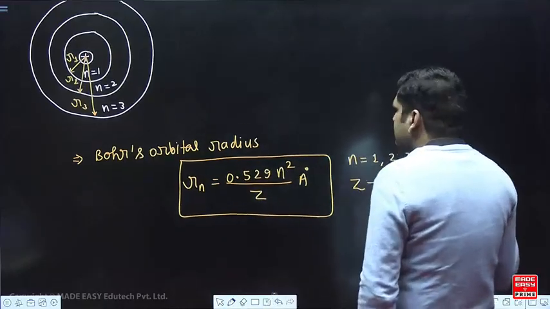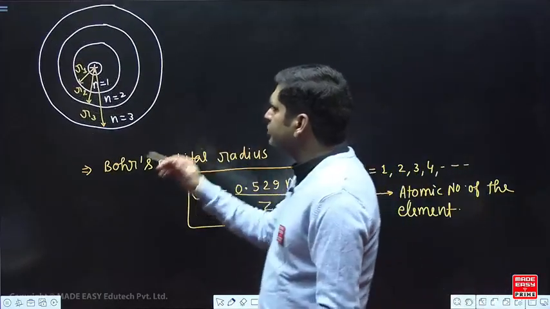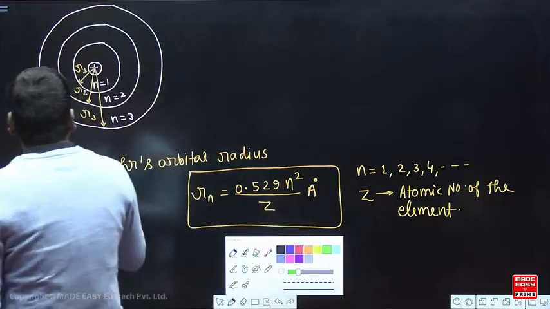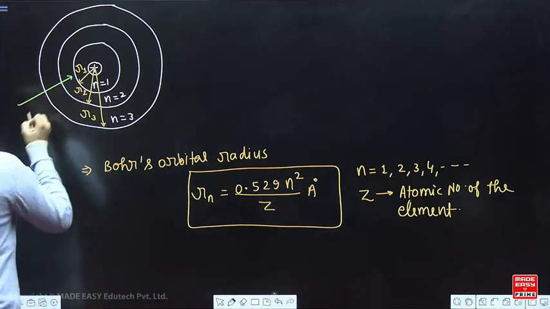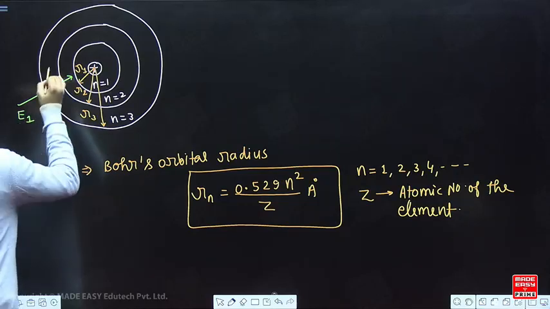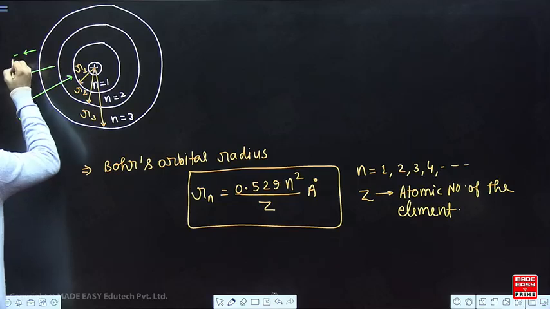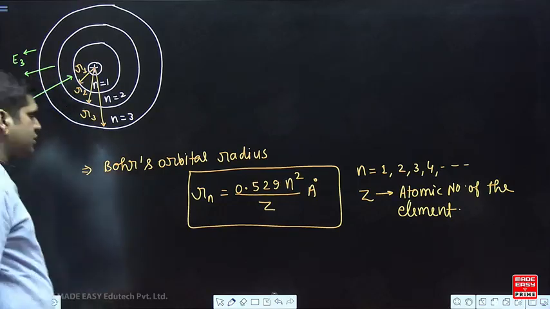Also, I said in the last class that when an electron is moving in a particular orbit, its energy is constant. So we can calculate this energy also. E1, the energy of the first orbit, E2, the energy of second orbit, and E3, the energy of third orbit, likewise.